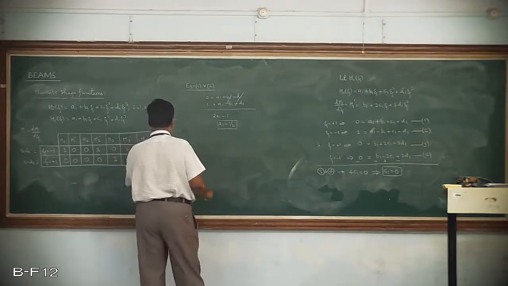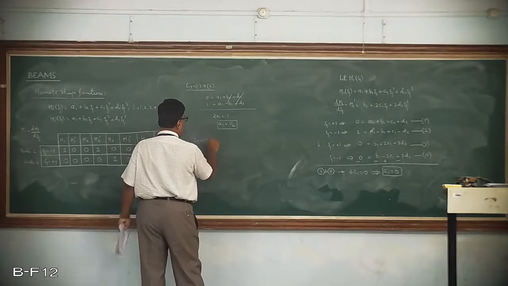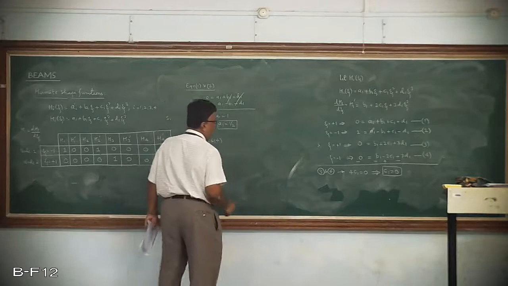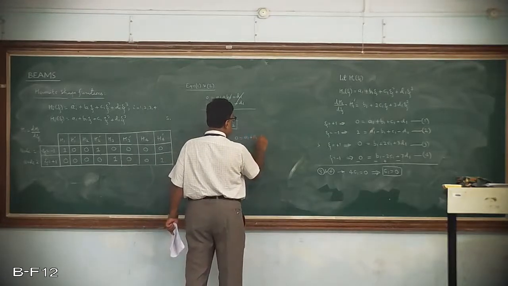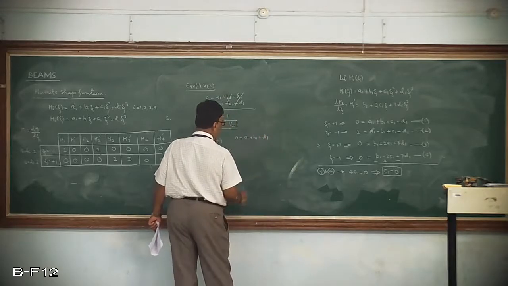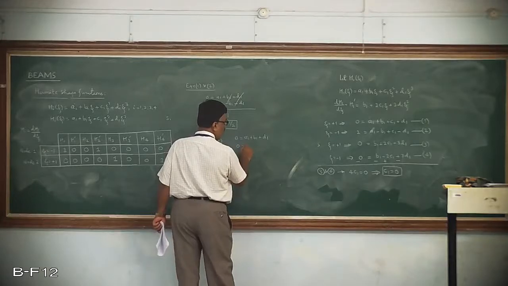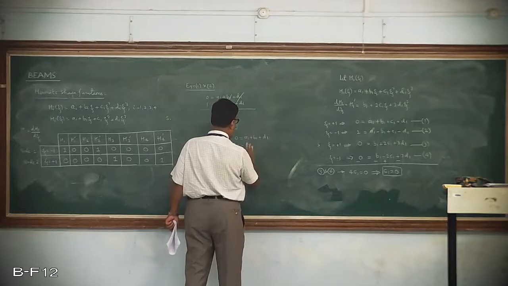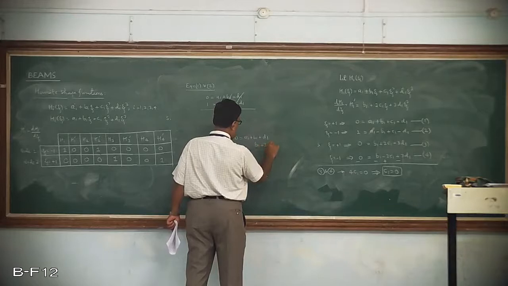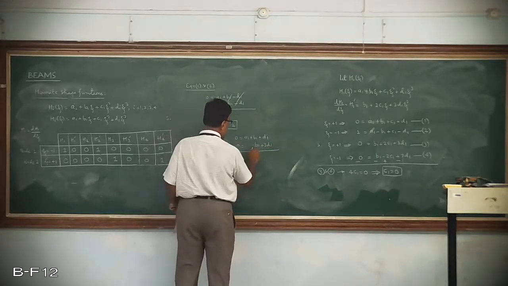In a similar way, if you take equations 1 and 4, what will come? 0 equal to A1 plus B1 plus D1. I will totally eliminate C1. Equation 4 says 0 equal to B1 plus 3D1, C1 has gone. Okay, fine.